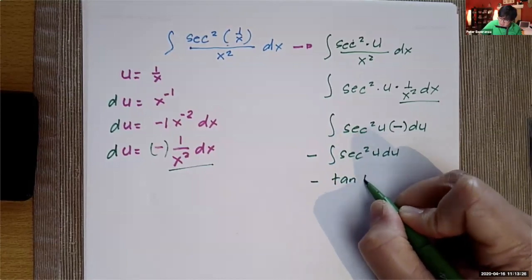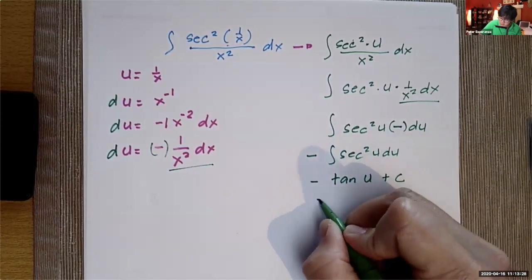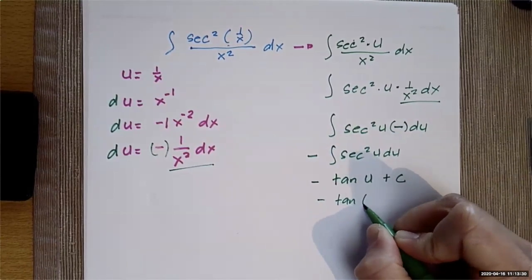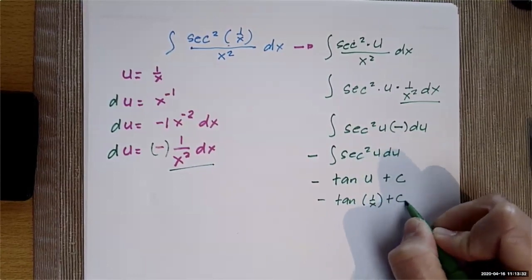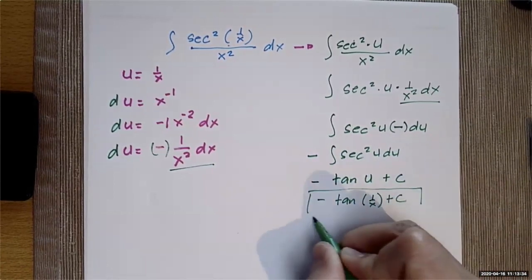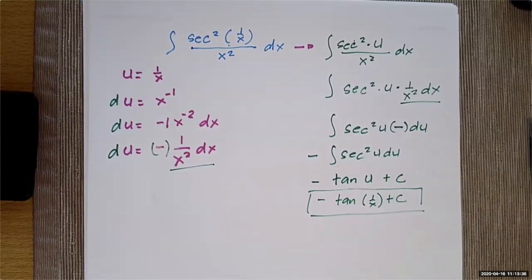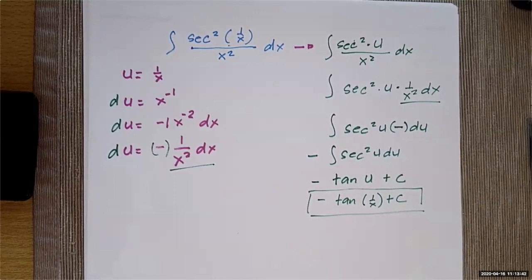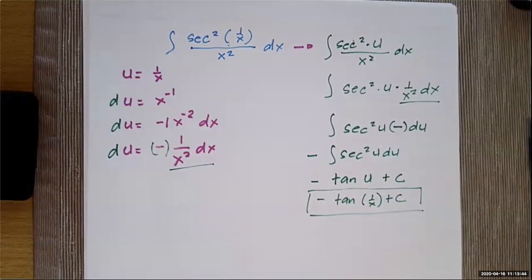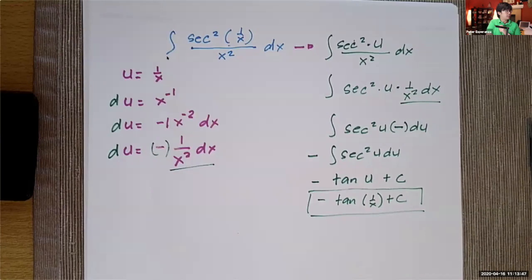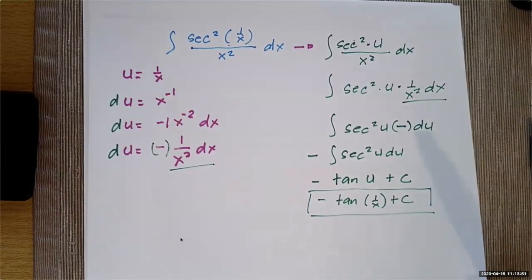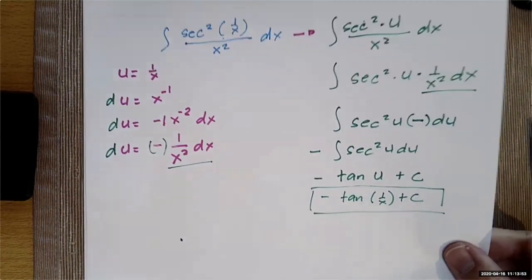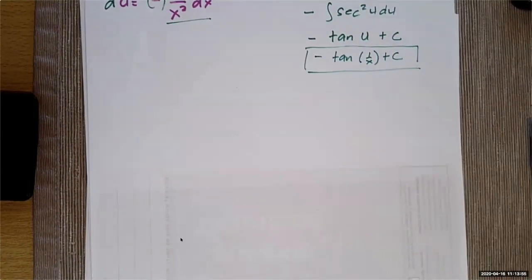Negative tan u plus c, or negative tan of 1 over x plus c. And that is its antiderivative. Did you get it? Yes. I hope so. Okay, it's getting there. You're getting it now? Just a little bit. Good.